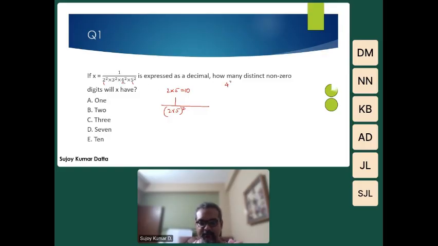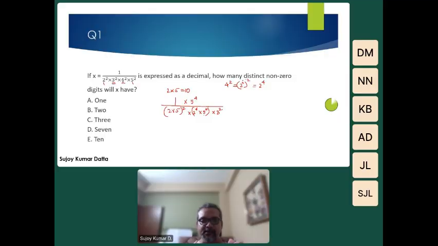What is 4 squared? 4 is 2 squared, whole squared, so 2 raised to the power 4, and I don't have enough 5s. So I just introduce a new 5 to the power 4 here. The 3 squared, let it remain as it is. And since I've introduced 5 to the power 4 in the denominator, I introduce a 5 to the power 4 in the numerator as well.